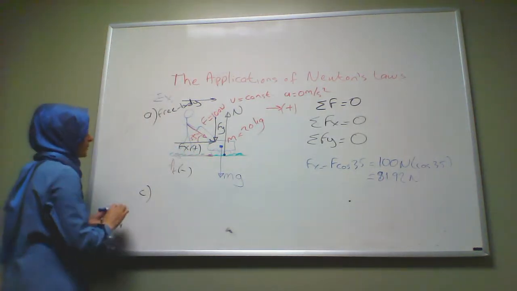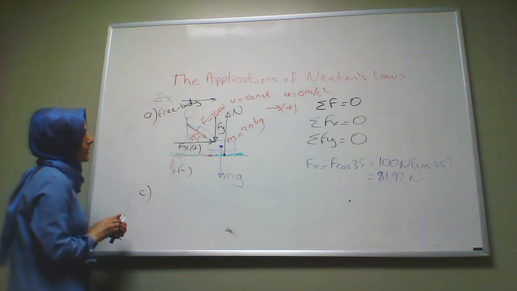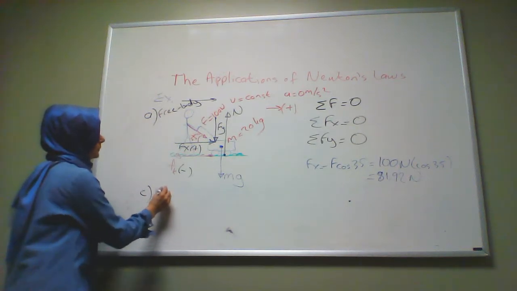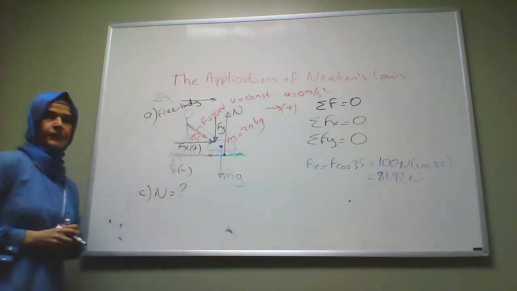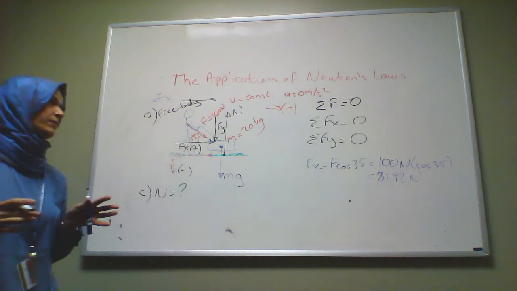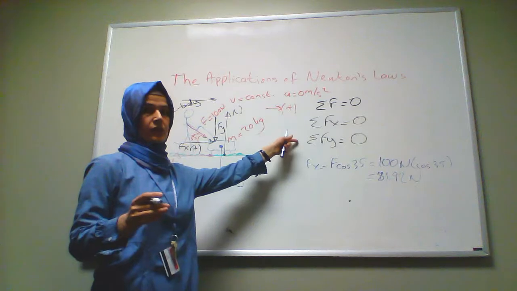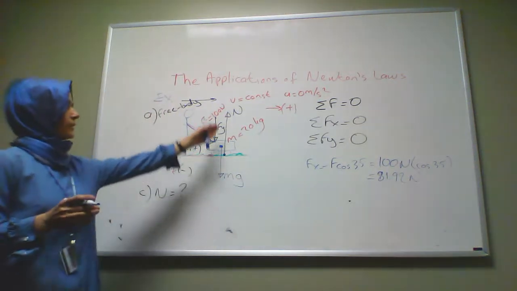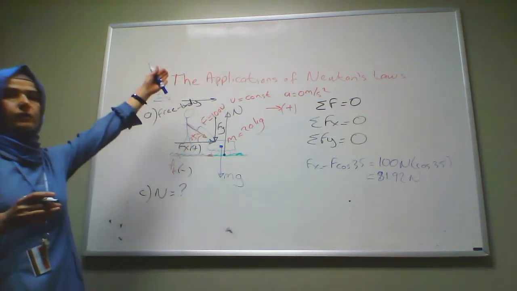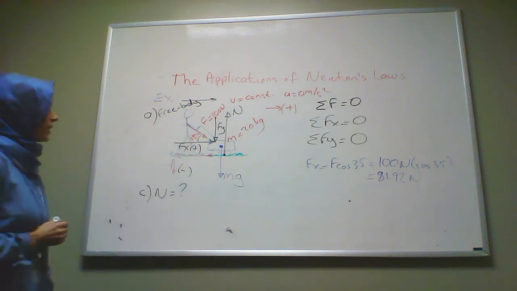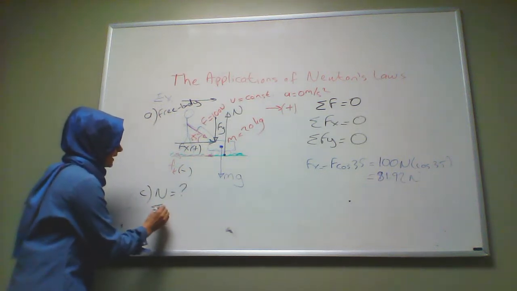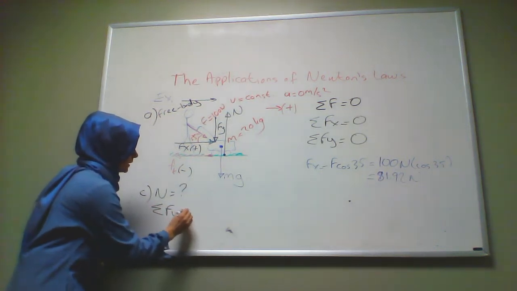So C is simply asking us what is N equal to? Normal force. And the information I'm going to use is the same. System is in equilibrium, total Fx is 0, total Fy is 0. N is along y, so I'm only looking at y direction now to find my N. So I'm using the fact that total Fy is equal to 0.